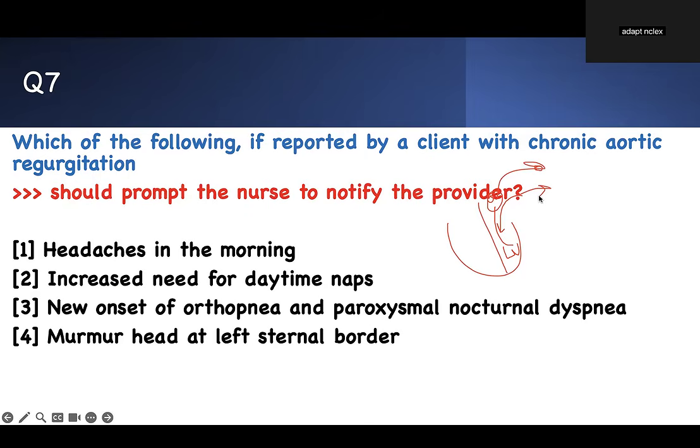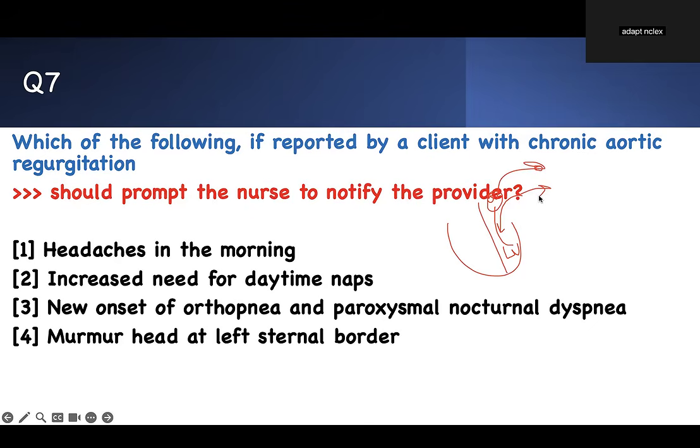You hear a murmur at the left sternal border. I mean, is that not what you expect from aortic what? Regurgitation. So 1 and 2 and 3 are something I expect. But 4 with the new problem, I can't even lay flat, and if I lay flat, I have shortness of breath at night. I'm worried about it.